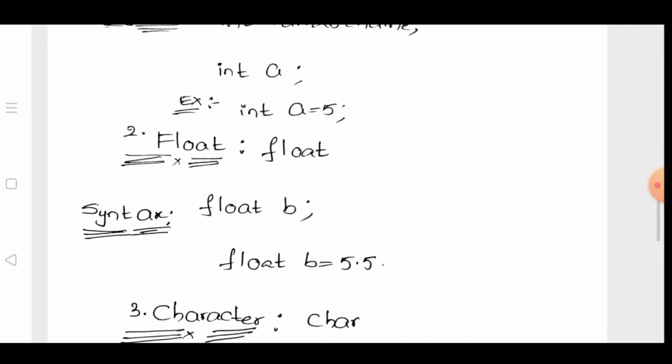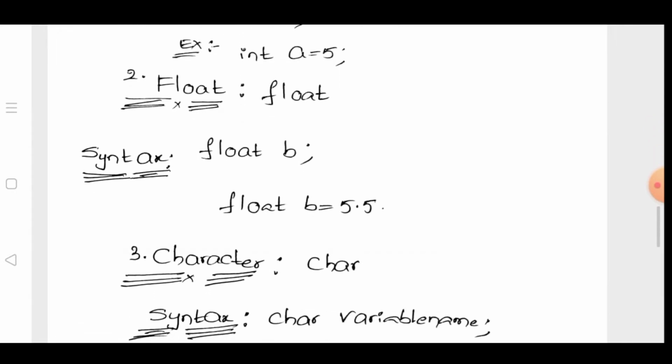Next one is float. So in this float primitive data type, what do I have to store? When we require a float, if I want to store a number with a decimal point, the opposite of integer, the integer will hold only values without a decimal point, right?